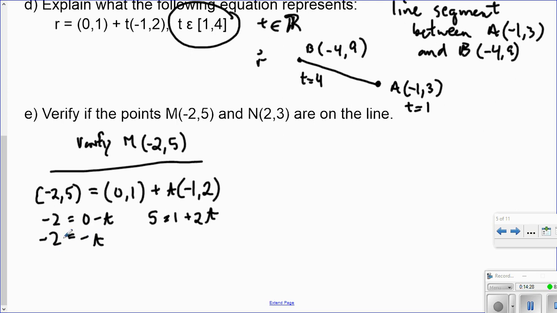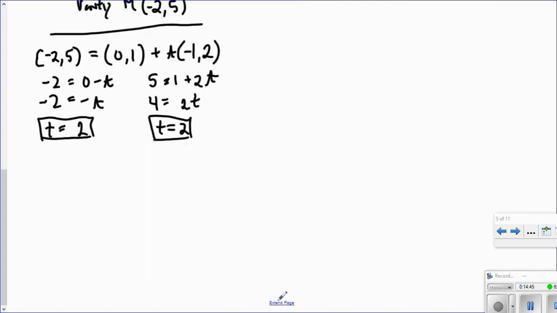And if they balance, if they're both the same t, then I can confirm that the point M is on the line here. So for this component, I've got t equals 2, and it looks like I've also got t equals 2 here. Okay, so since they're the same, I can write that it's a consistent solution.